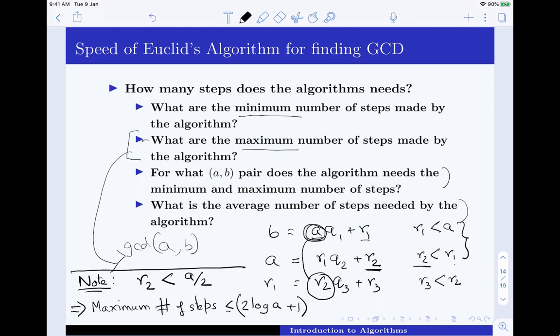Okay, so this is the maximum running time for GCD.